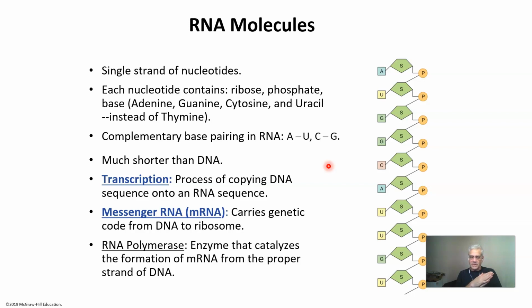Now, you know the process of DNA replication. We've already been through that. That is done by DNA polymerase. Great. Now, if you have to make this RNA that can go from the nucleus to the cytoplasm, the process by which you form an RNA molecule is called transcription. So transcription takes the DNA sequence and converts it into an RNA sequence.